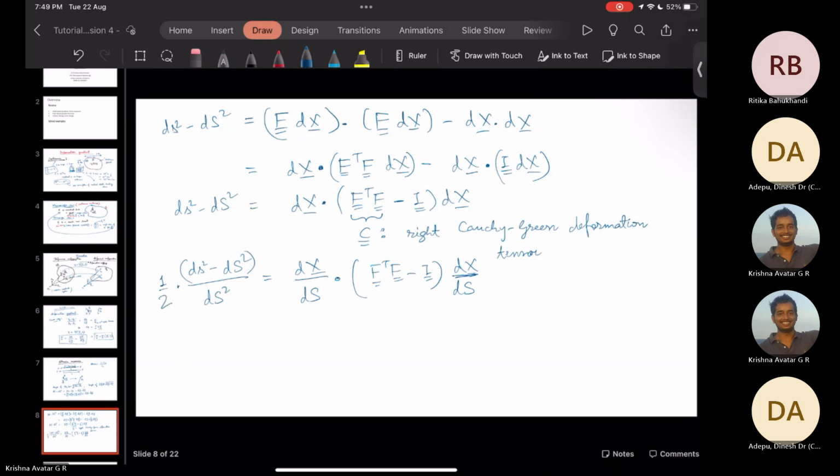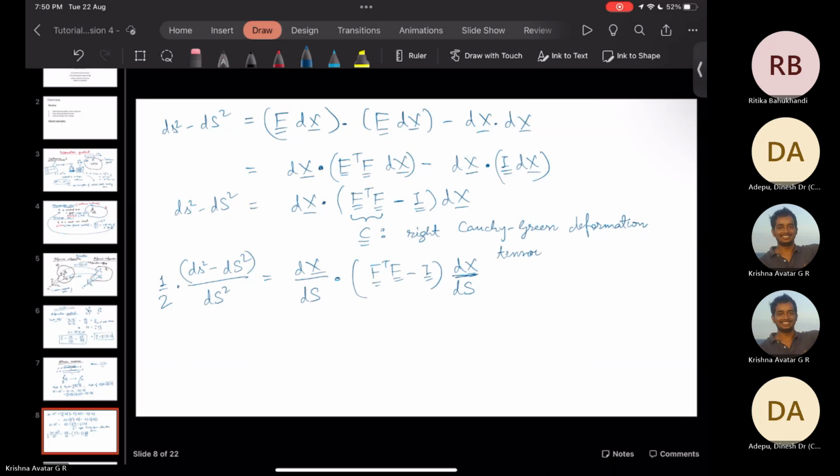There is no specific reason why we are dividing this expression by 2. It's just that dividing by 2 helps us remove a factor of 2 later, as we'll see in such situations as we move forward in the course. If we had not divided this expression by 2, it would have just introduced the factor 2, and it creates problems. So if some 2 occurs in the numerator, it will just cancel it out. That's the only reason we divide by 2.